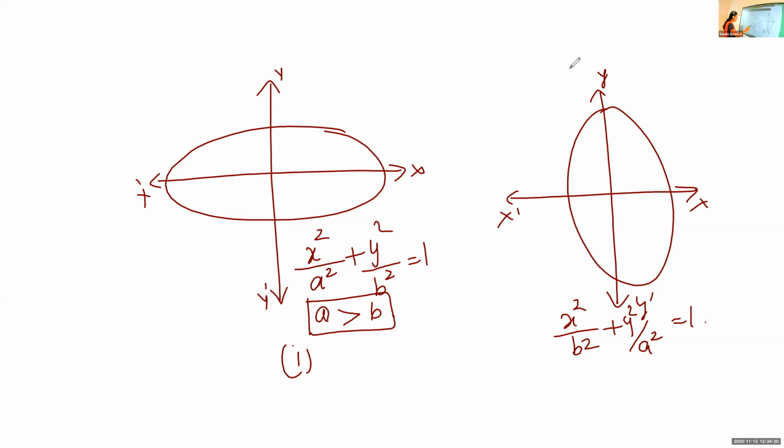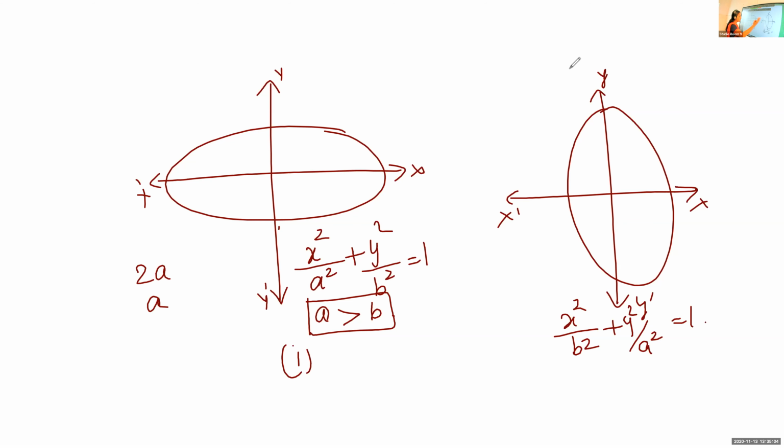A is the length of the semi-major axis and B is the length of the semi-minor axis. 2A is the length of the major axis and 2B is the length of the minor axis.